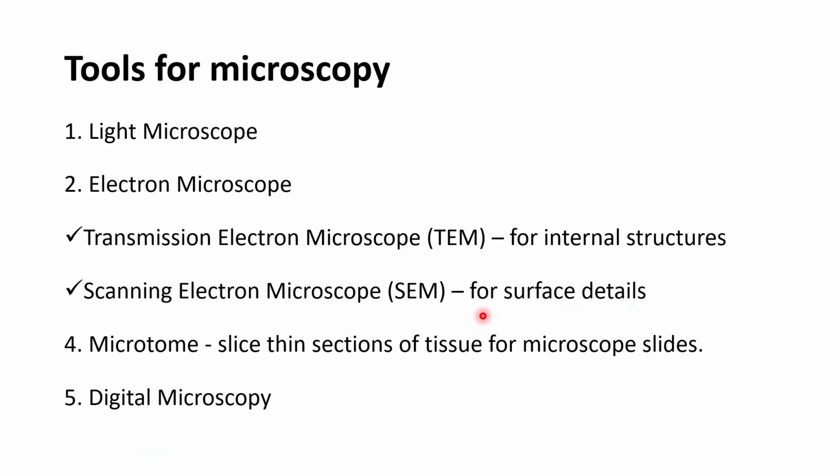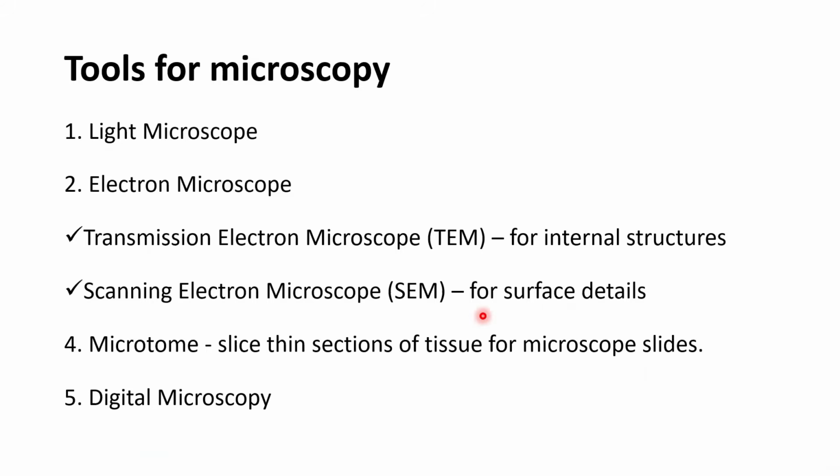Then for digital microscopy, this one you can be able to access. Maybe you've connected it to your laptop, or maybe you've connected it to your phone. So once you look at images on the microscope, you can send the images to your phone, or maybe to your laptop, or maybe you can even look at the images as you use the microscope to observe.